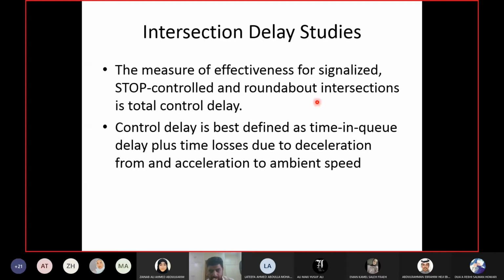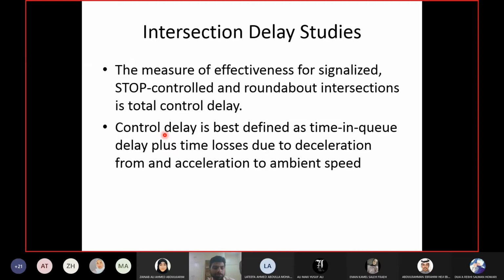Now, the delay which is measured at the intersection is known as control delay, because it is for the control device. Control delay includes three things. It includes the time the vehicle spent in the queue. When the vehicle comes, there's a queue.